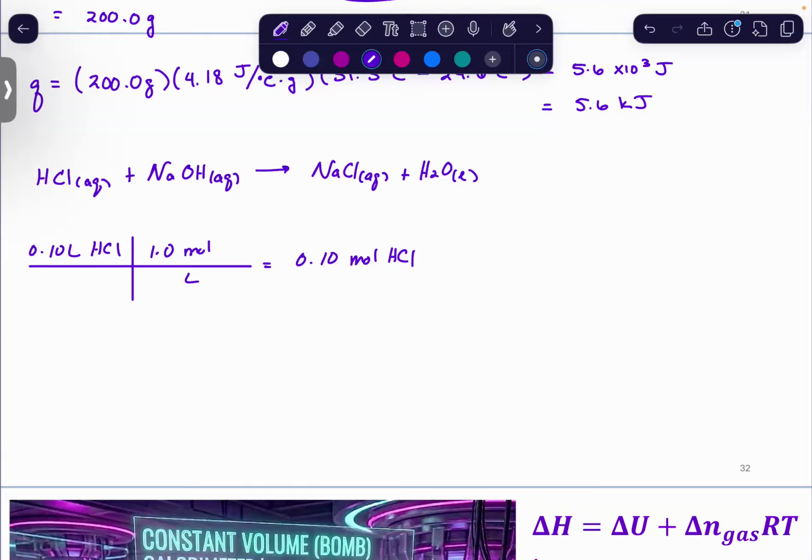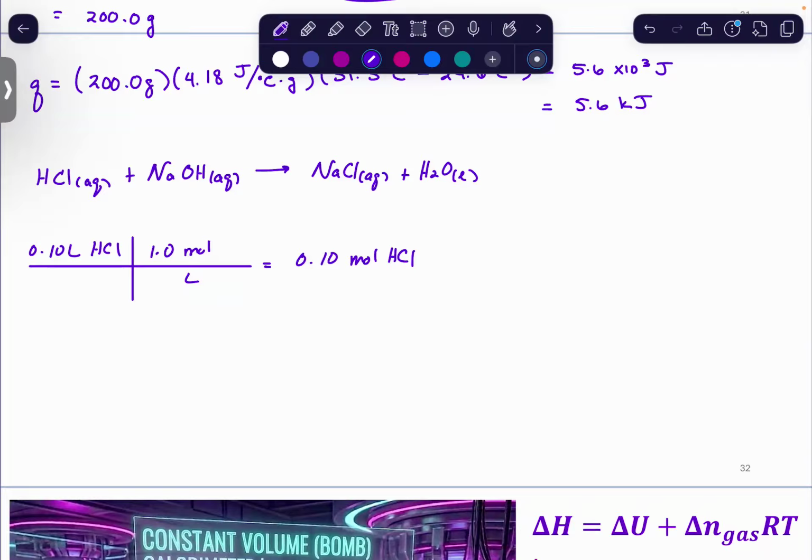Now, because of the stoichiometry of this chemical equation, we also used 0.1 moles of sodium hydroxide to neutralize. I'll explain why that's important in a minute, because it has to do with when you find your enthalpy and you have kilojoules per mole. Well, moles of what? Which one, the sodium hydroxide or the hydrochloric acid? Well, in this case, they're equal, so it doesn't really matter.